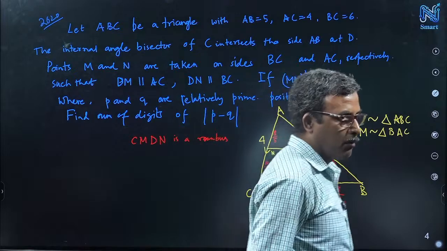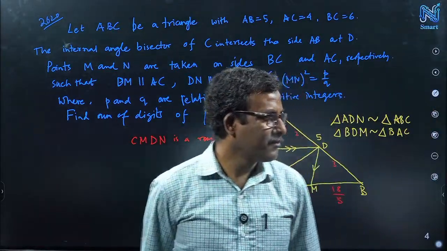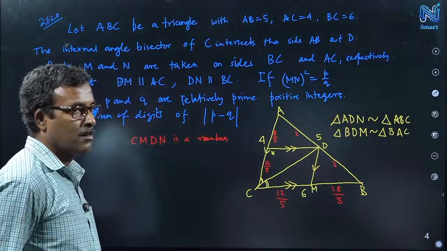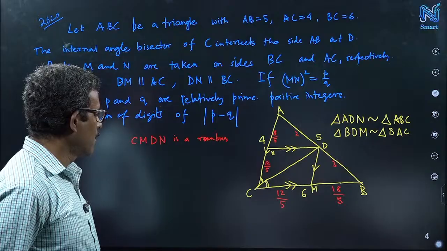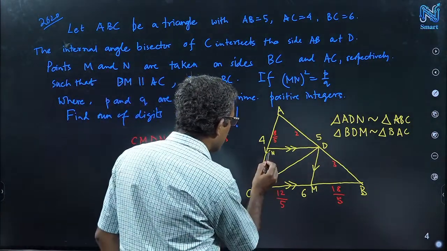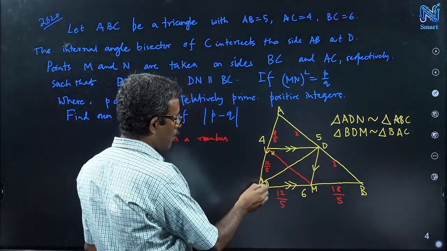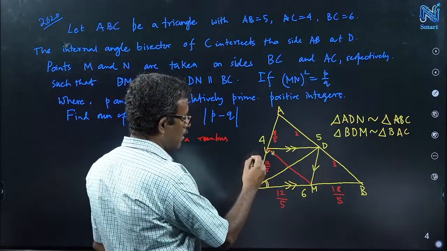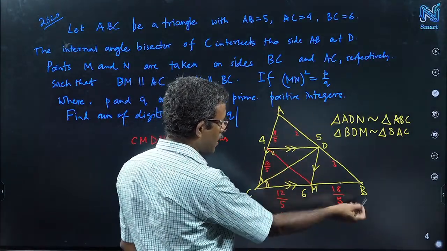Now this is slightly tough. You have to find MN, right? Already you have one angle C here, opposite is MN, and for the bigger triangle opposite is AB.